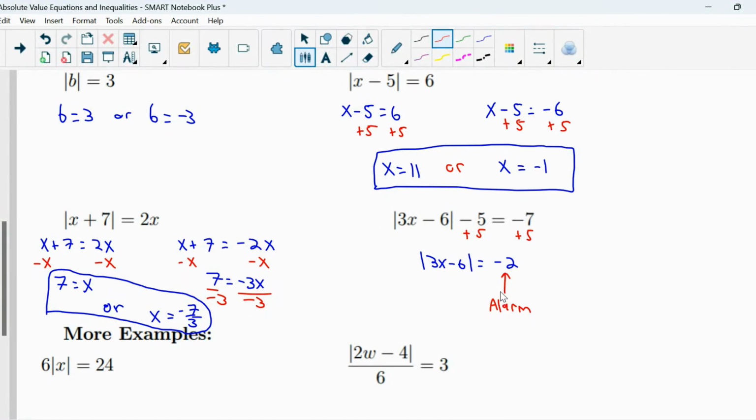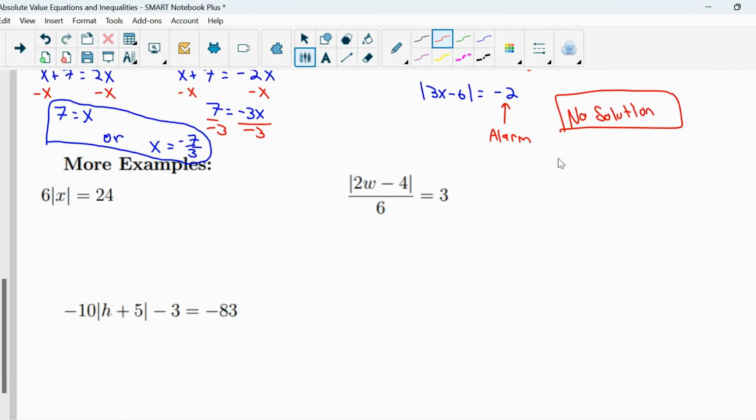So that's telling us that our absolute value is going to result in a negative number. This isn't possible. So this is one of those cases where you would have no solution. Remember, anytime you have an absolute value, you need to get a positive solution.